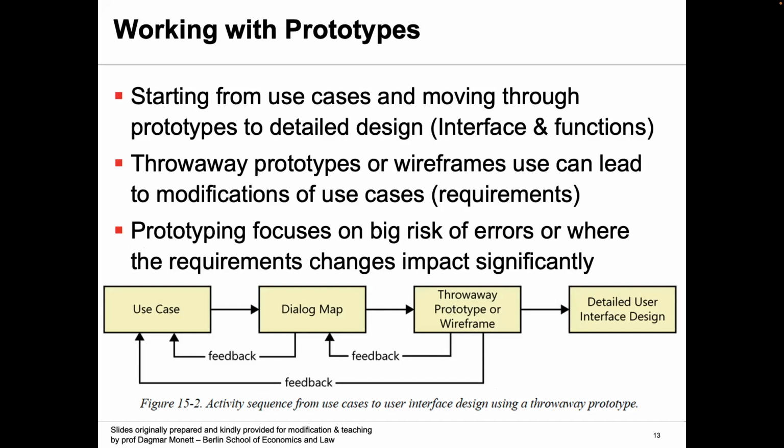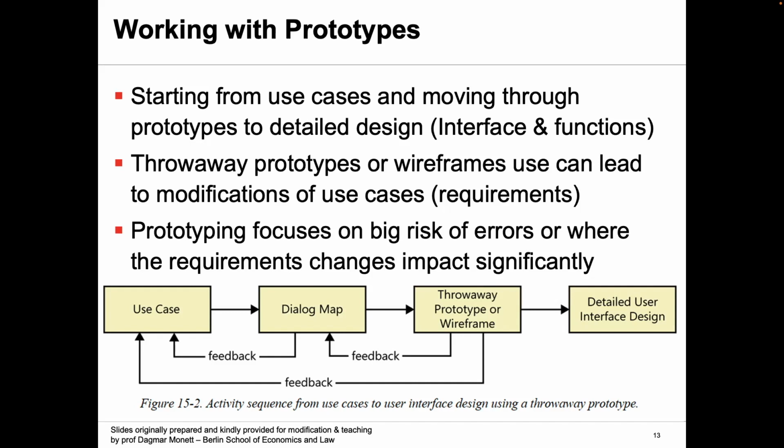This visual is like an activity sequence from use cases to user interface design using a throwaway prototype. Now, even in your projects till now, and even in this last task that you submitted as a group project, you have identified around 8 to 10 use cases for your project, right?